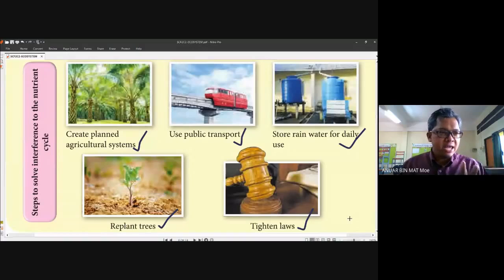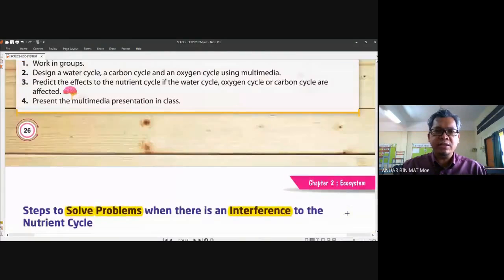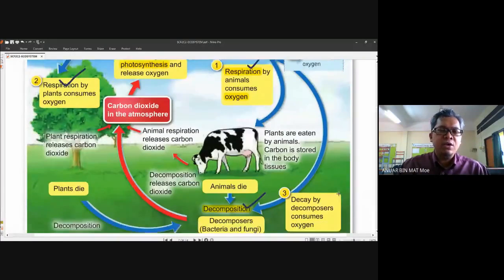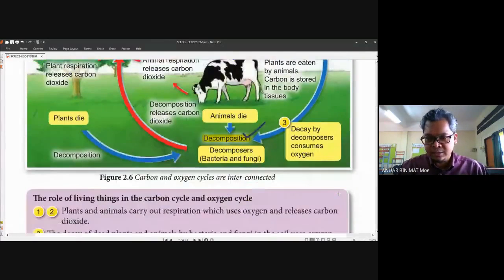These are some of the ways to solve the interference to the nutrient cycle. Because remember, if we disturb the nutrient cycle, the ecosystem will be destroyed. And then maybe humans also will be destroyed and die later.